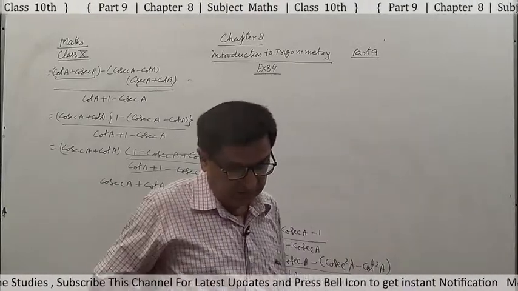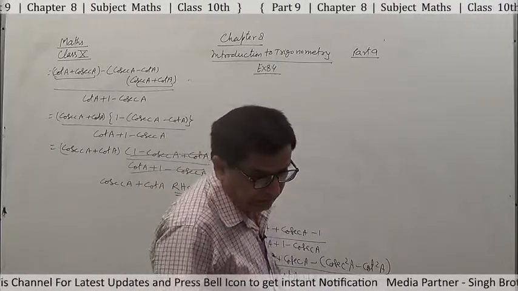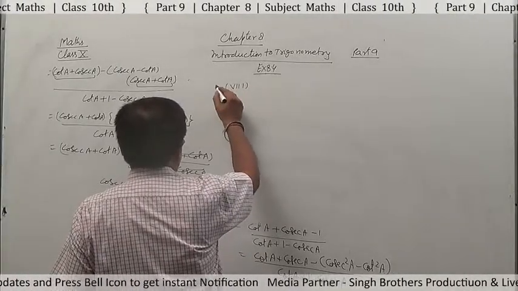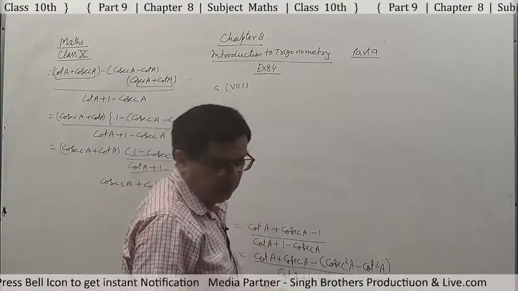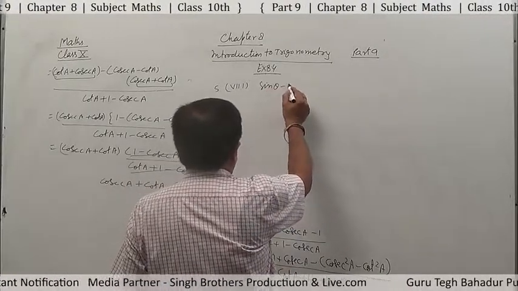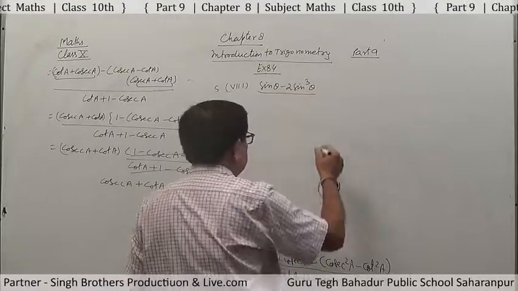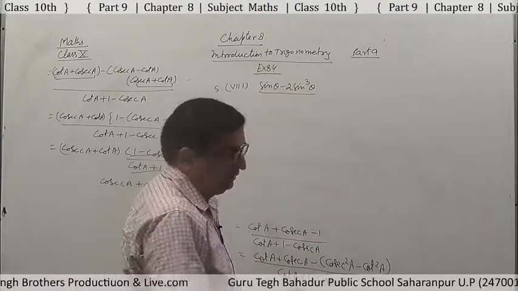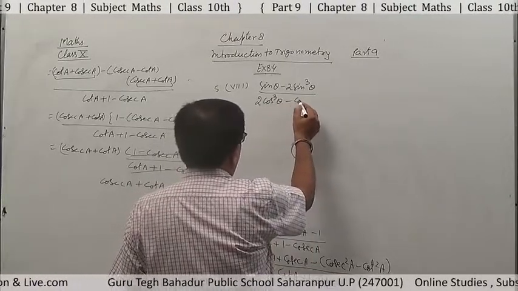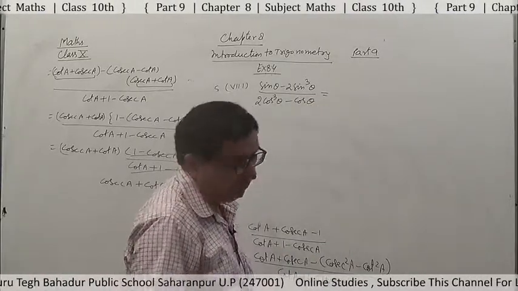Let us take the eighth part of the fifth question: sin theta minus 2 sin power 3 theta upon 2 cos power 3 theta minus cos theta is equal to tan theta.